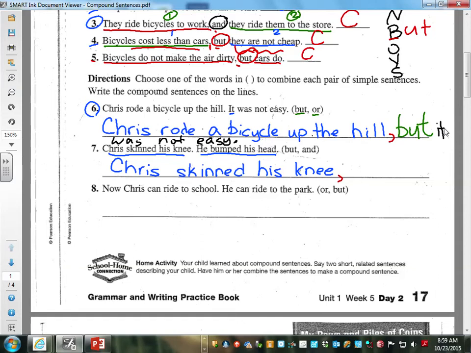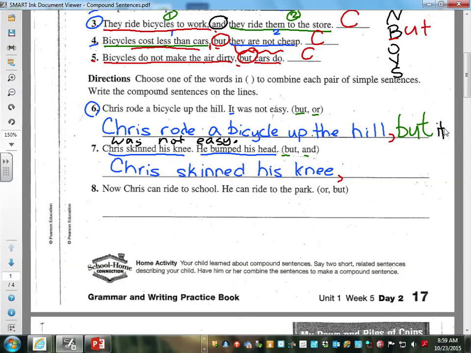After my comma, I must add a conjunction. For this sentence, I have the choice of the word but or the word and. You have to think it through. Use both of them in a sentence and figure out which one makes the most sense. He skinned his knee, he bumped his head. That's two things that happened to him.